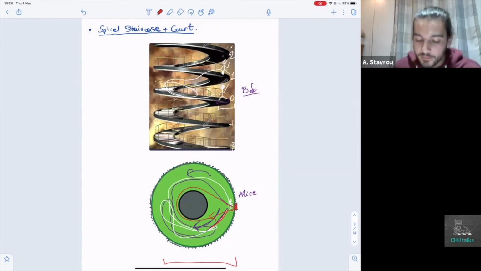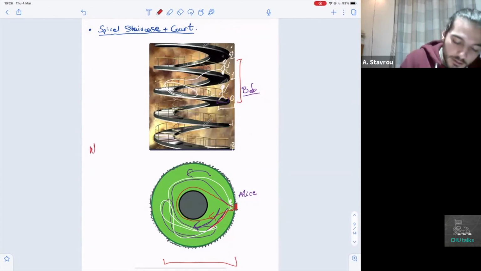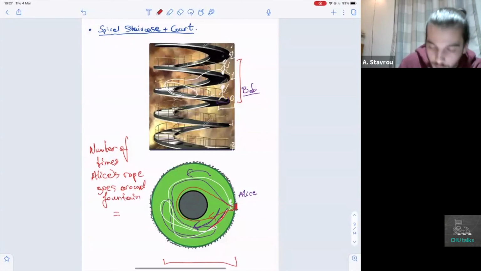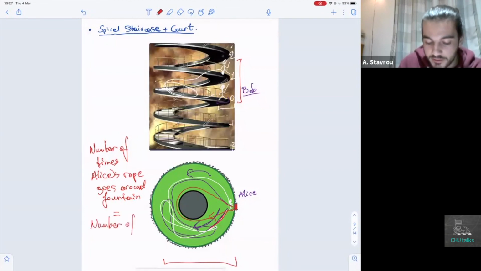So what I want to get to with that is that if Alice does any path and does this process with Bob, and then pull the rope back to homotope it to a simpler path, and do the same here in the situation with Bob, the number of times Alice's rope goes around the fountain just equals the number of floors that Bob goes up.